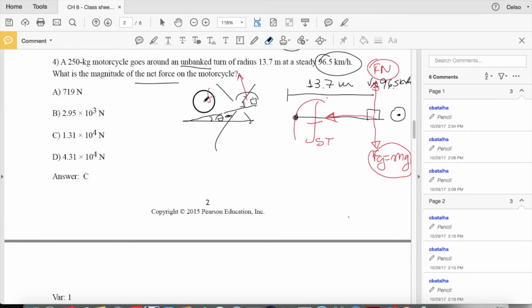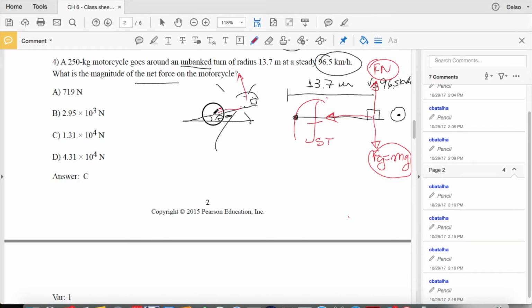You would have a friction force going in the direction of the road. You have a normal force going that way, and you would have a gravity force vertically down, and here would be the center of rotation. So you would have to do some more complicated analysis here.